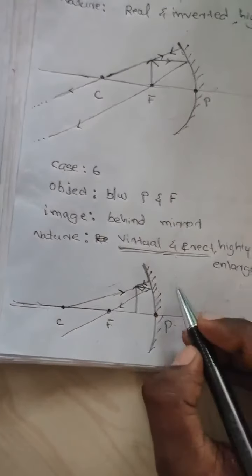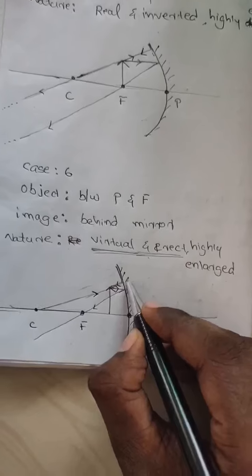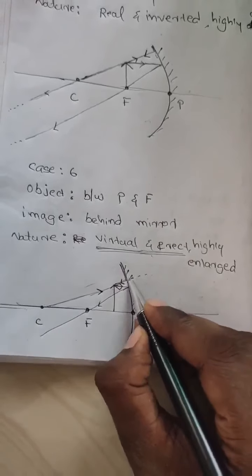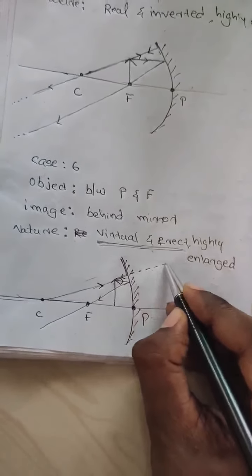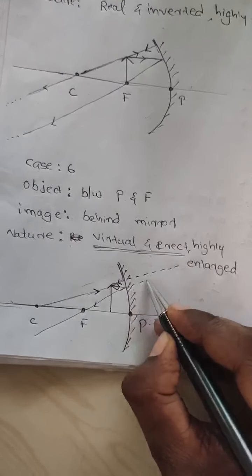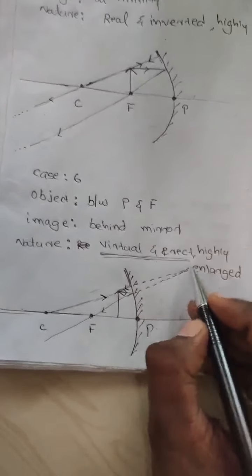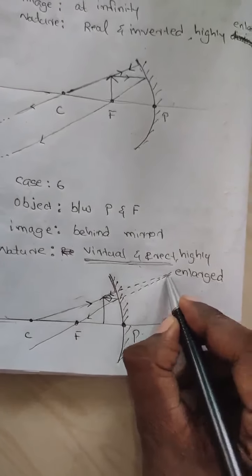Now look at this diagram. It is a little bit different from the previous cases. Now I am extending this ray from the center of curvature. Also I am extending this ray, and these two rays appear to meet here.